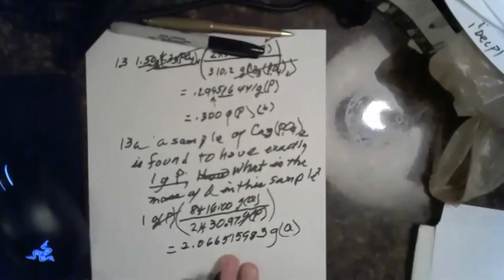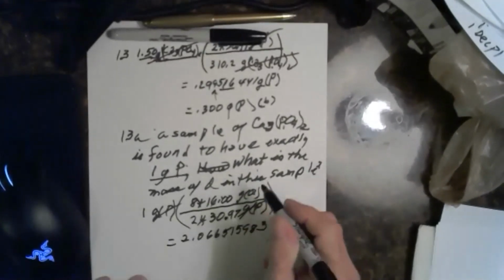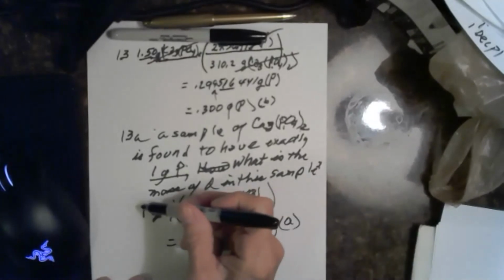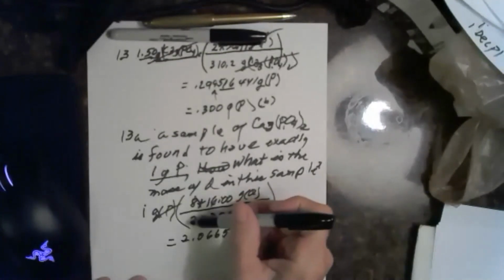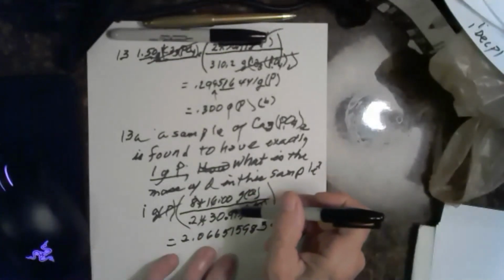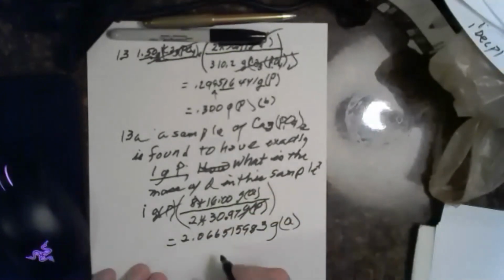Okay, now, how would I round off? The 2 is an exact number, and the problem said that was an exact number. There's 4 significant figures in each one of these. My answer would have 4, so it would round off right there. So it's 2.067 grams of oxygen.